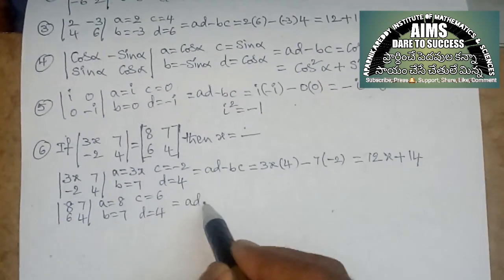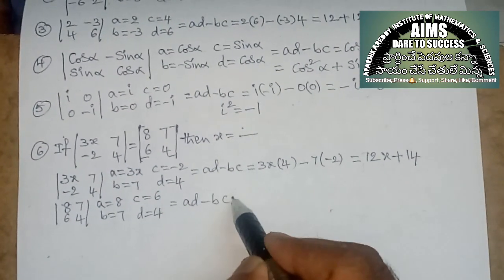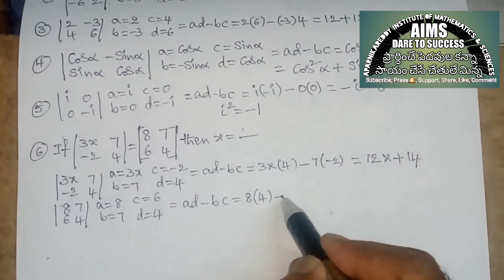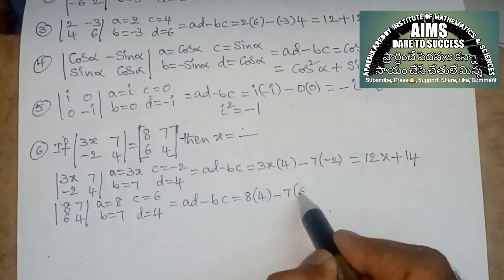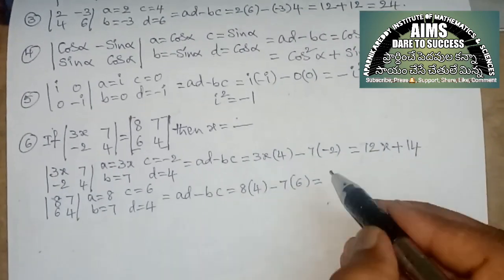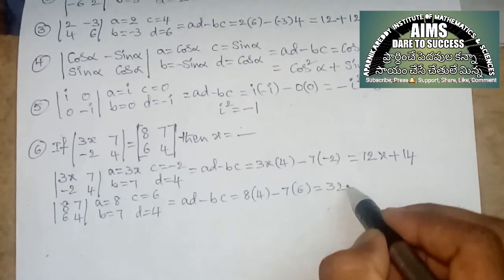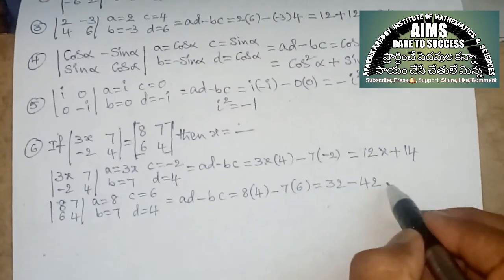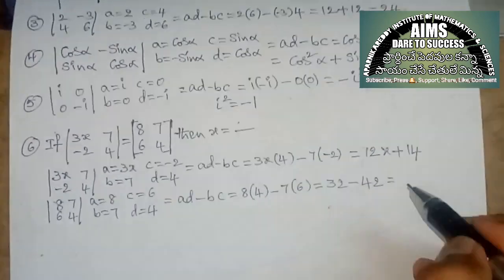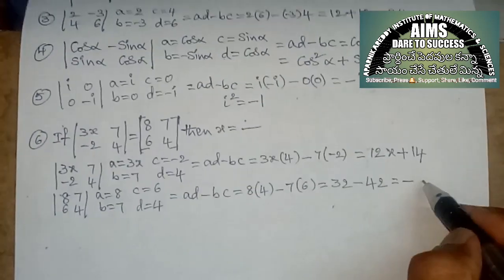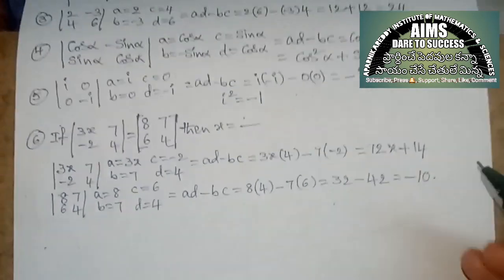Our formula is AD minus BC, is equal to A value 8, D value 4, minus B value 7 into C value 6, is equal to 8 4s are 32 minus 7 6s are 42. 32 minus 42, small number minus big number is negative symbol. So 32 minus 42 is minus 10.